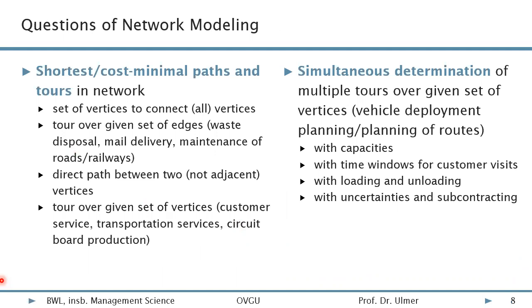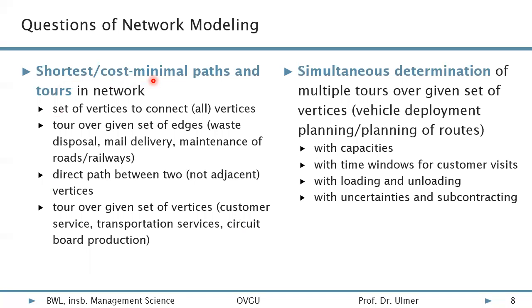So in the first lecture, or actually last week, we had a network of potential locations to open up a new bike sharing station. So it was location planning, but other questions are often about shortest cost minimal path. So how can we get through the network very quickly, or shortest cost minimal tours?